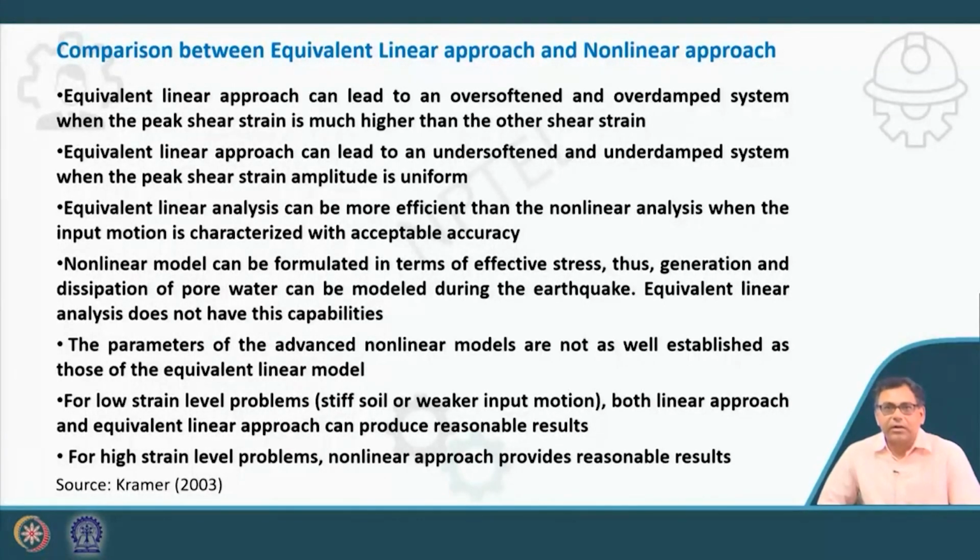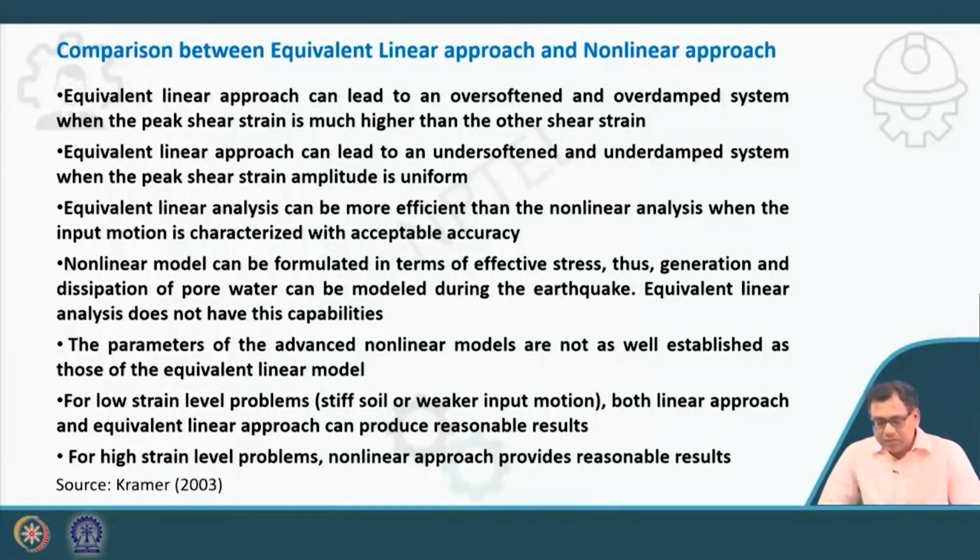The parameters of the advanced non-linear models are not as well established as those of the equivalent linear model. Because in the equivalent linear model, you have seen that we have to generate the shear modulus degradation curve and damping ratio curve. Those are well established parameters, easy to determine or generate.